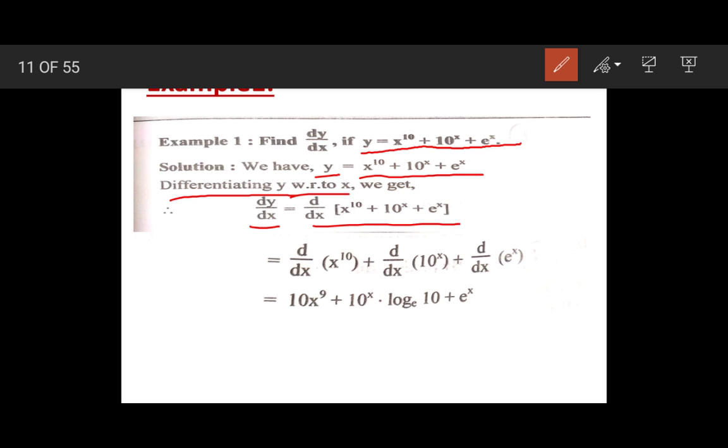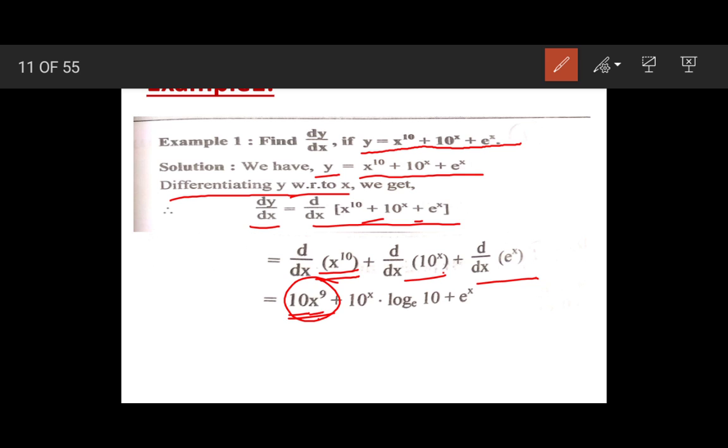All the terms are in the form of a sum, plus sign is given, so that means derivative of first term plus derivative of second term plus derivative of third term. First, the x raised to n formula: derivative of x raised to n is n into x raised to n minus 1. So 10 into x raised to 10 minus 1, that is 9. So 10 into x raised to 9.